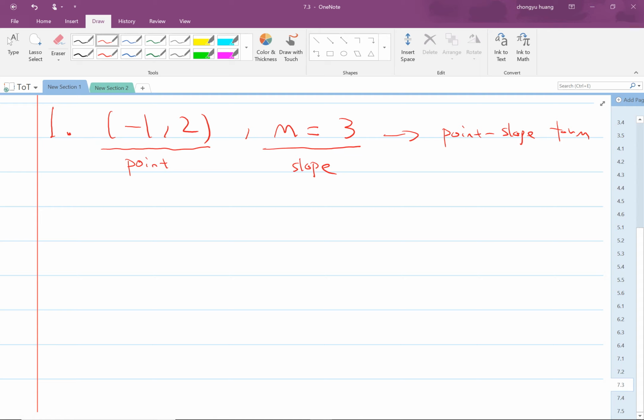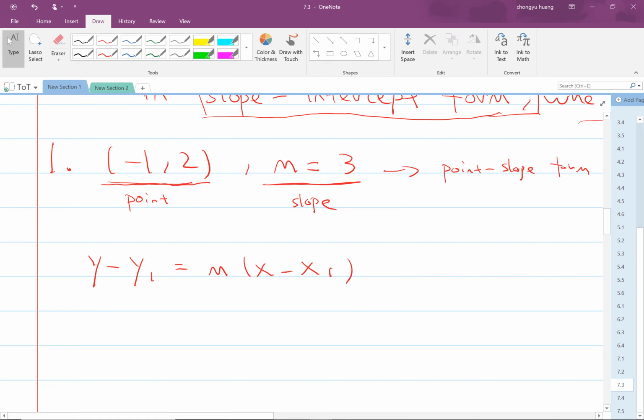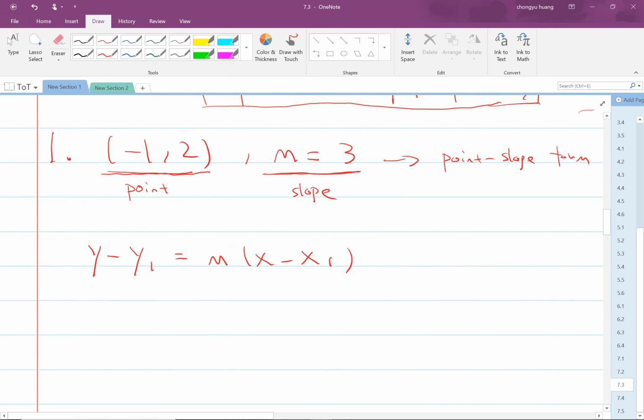Here we have a point and we have a slope. That means we have to use the point-slope form to find the equation, because that will be much easier. As I mentioned before, the point-slope form is y minus y1 equals m times x minus x1. Here we have x1 equal to this, and y1 equal to this.